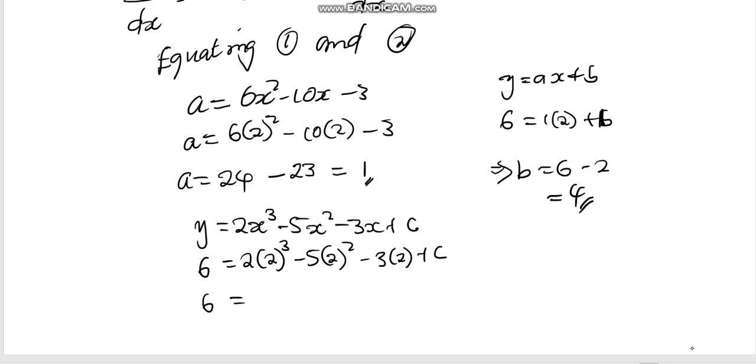So 6 is equal to 2 to the power 3, that's 8 multiplied by 2, that's 16, minus 2 to the power 2, that's 4 times 5, we get 20. Then this multiplied by this, we get minus 6. So 6 is equal to 16 minus 26 plus c.